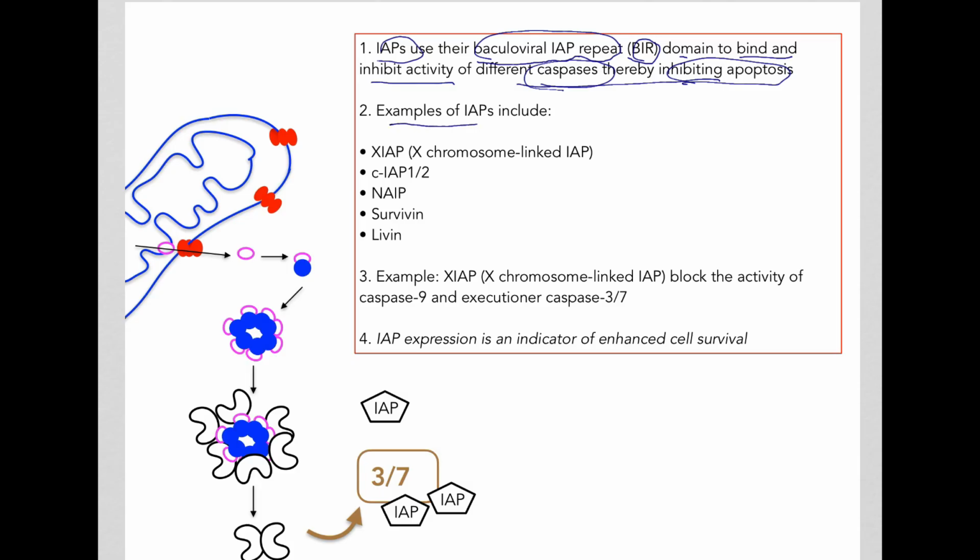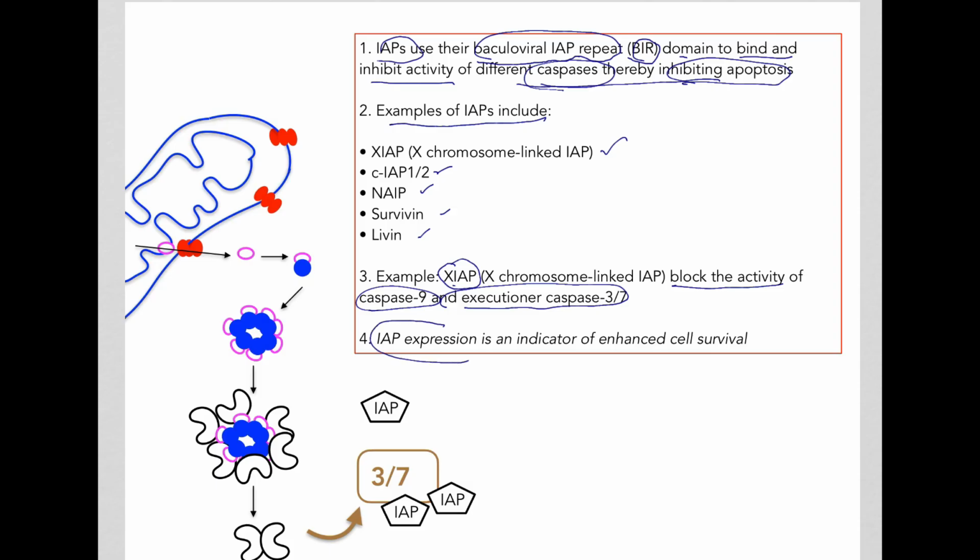Examples of IAPs include XIAP, X chromosome-linked IAP, cIAP1/2, NAIP, survivin, livin, and so on. XIAP, for example, blocks the activity of caspase 9 as well as the executioner caspases 3 and 7.